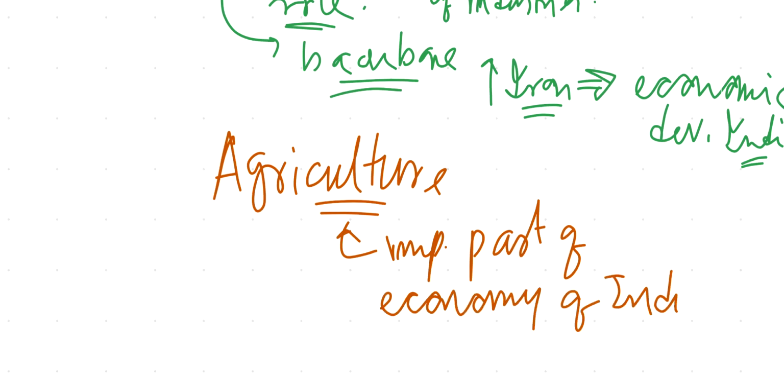Important part of the economy of India means that for the economic development of India, agriculture plays a very important role. A large section of the society in India works in the agricultural sector.